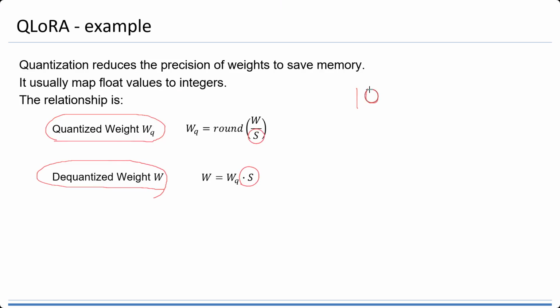We want to do the quantization, and let's say S is 10. Then 10 divided by 10, it will be 1. After we have the value 1, then we want to return it with the S, then we will do 1 multiplied by 10. Then it will return back to the original value. Okay.